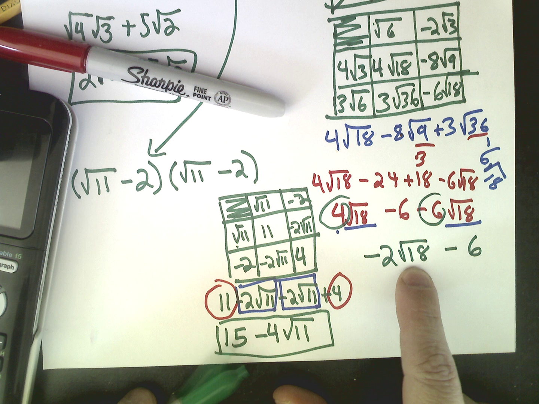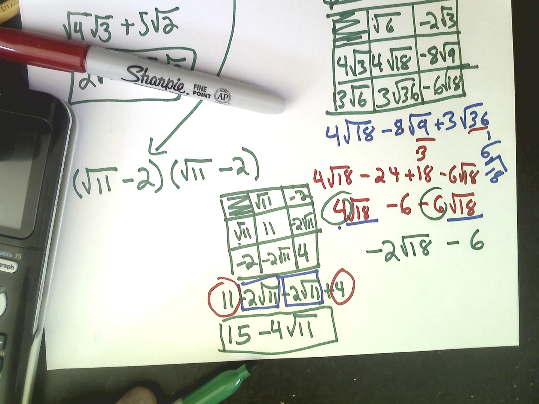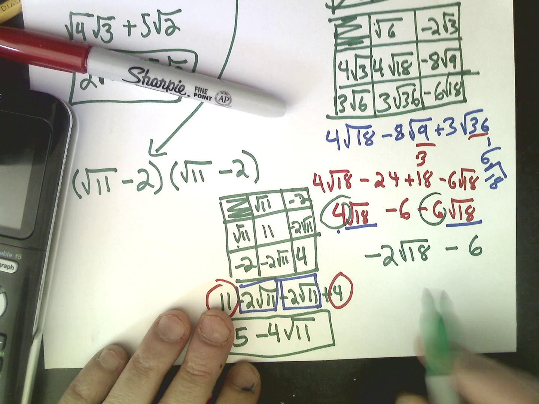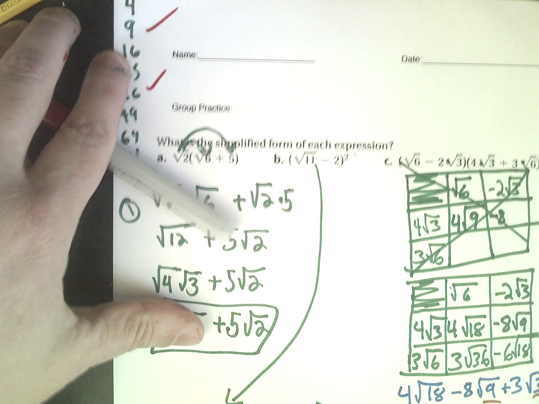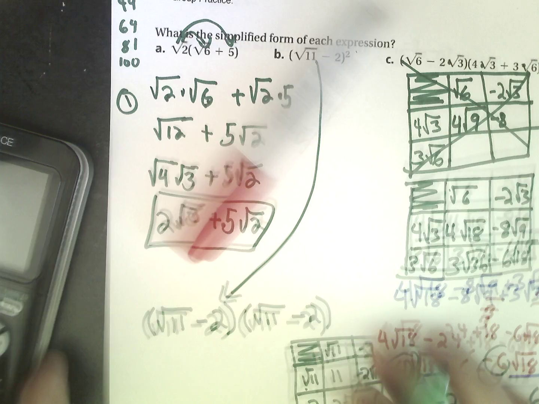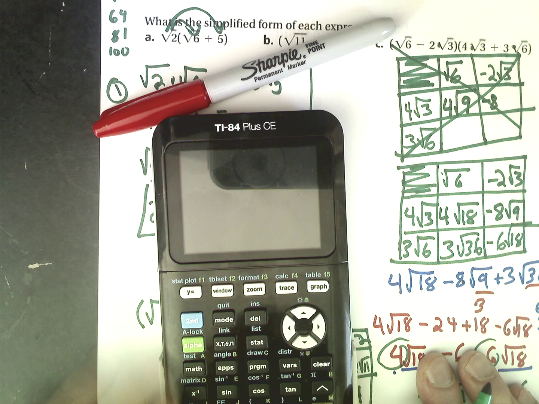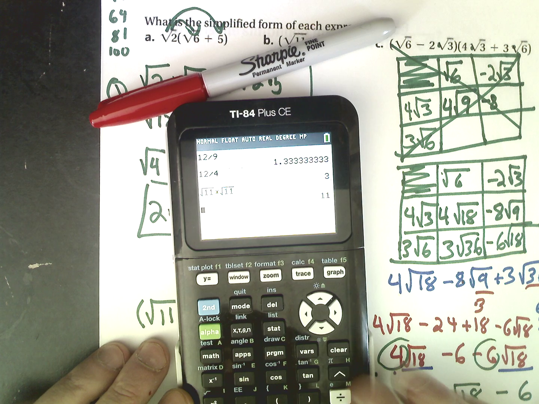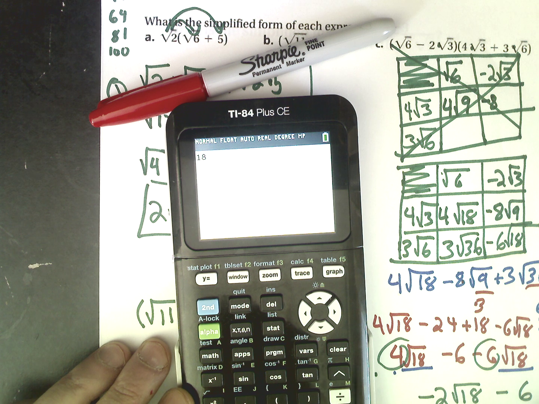I say, I bet you that can be simplified. Well, what numbers in the perfect square list here are smaller than 18? Well, there's only 3, so I don't have to do a ton of work. I look at 16, 9, and 4. Okay, so let's do 18. I'm going to do 18 divided by 16.